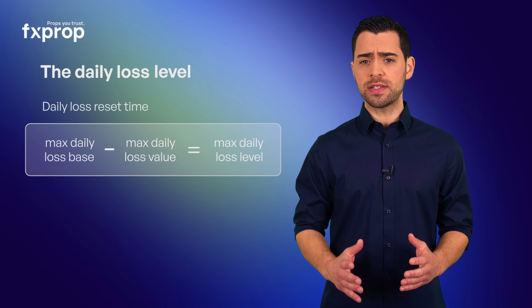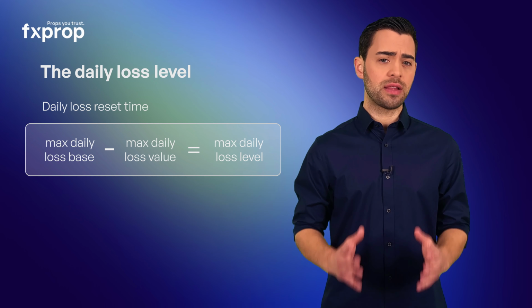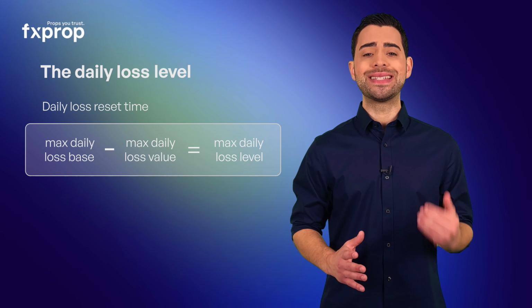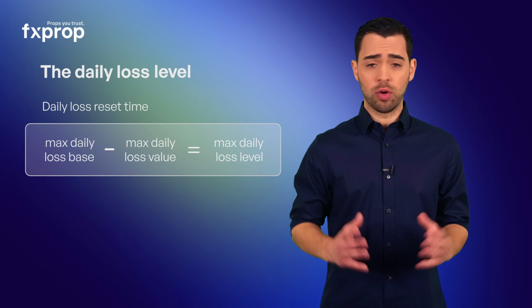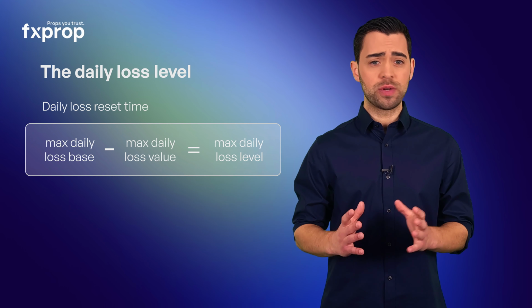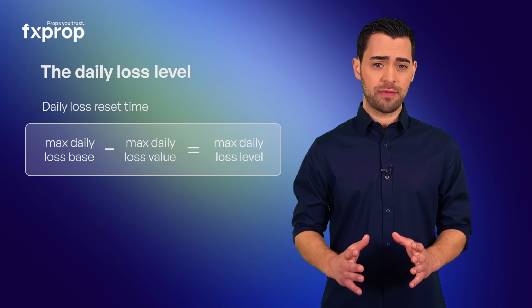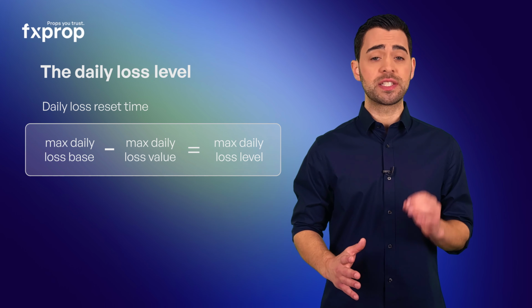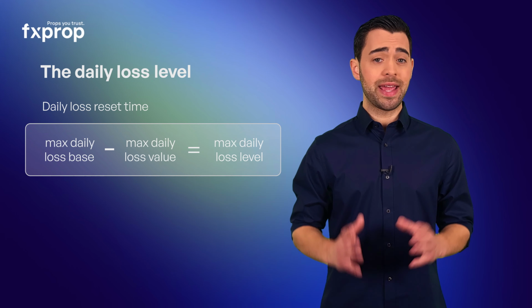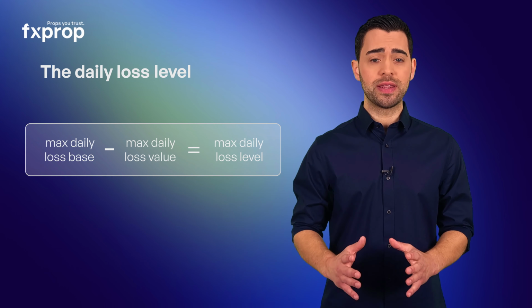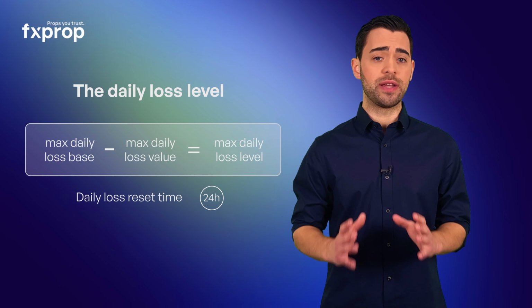To understand these concepts, we must start with daily loss reset time, the time our daily loss limit resets. More precisely, the moment of reacquisition of values used to calculate the daily loss maximum level. The exact reset moment is specified by prop trading firms and can vary, but the interval between them is always a constant of 24 hours.